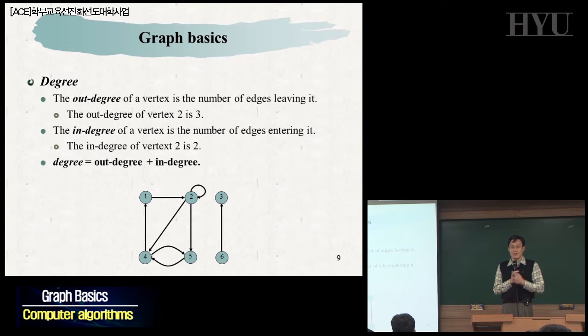What is the in degree, out degree of vertex 2? 3. Why? 2 to 4, 2 to 5, 2 to 2. Yes, there are 3 outgoing edges, 2 and a self loop. And then what is the in degree of vertex 2?